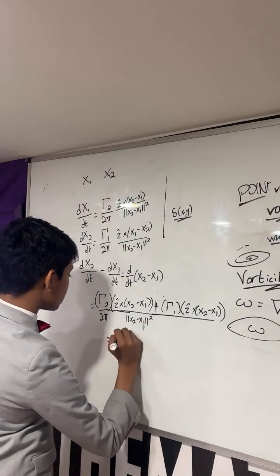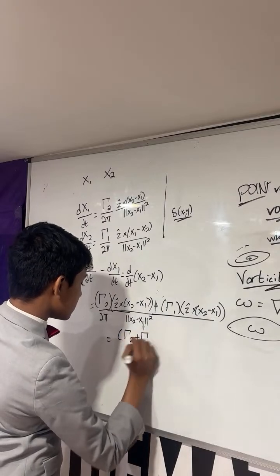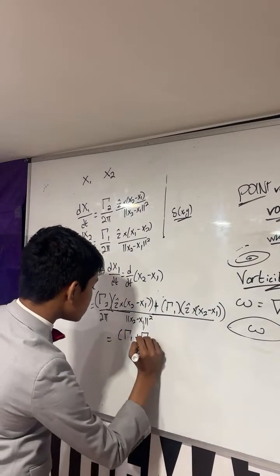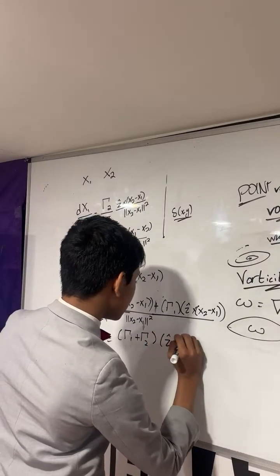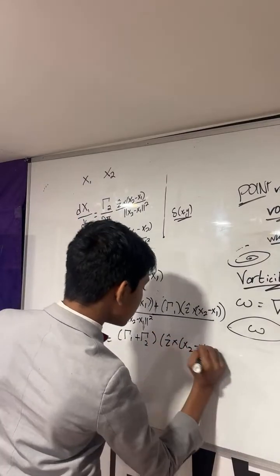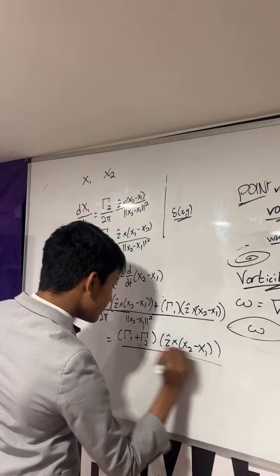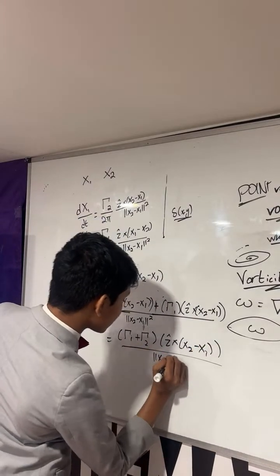So this is just the added field strengths multiplied by z cross (x2 minus x1) divided by the magnitude of x2 minus x1 squared.